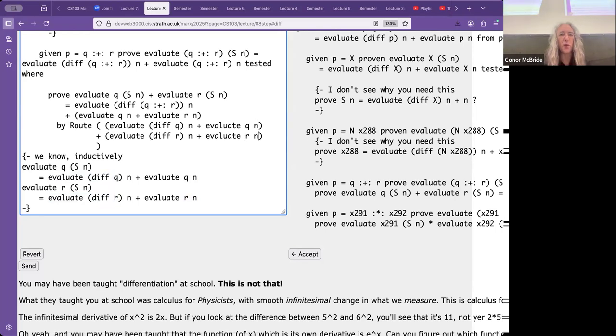Right. So what I'm expecting when I press send is that I will get one sub-goal that follows using just under plus to dig out the two separate pieces of this sum that follow by the induction hypothesis.